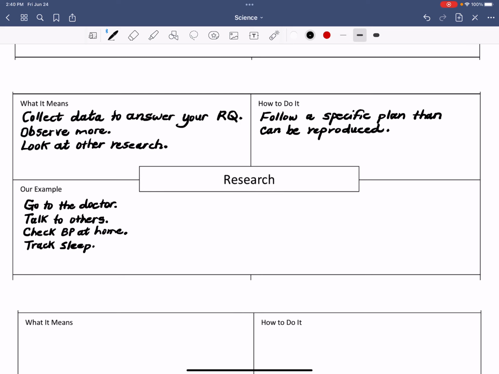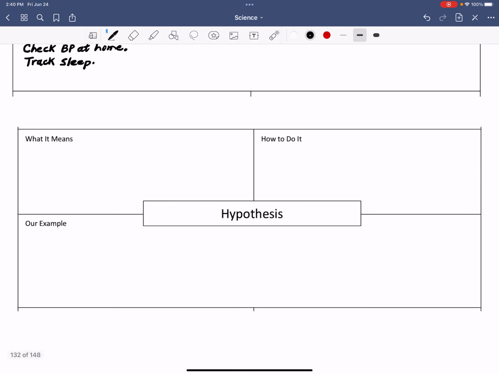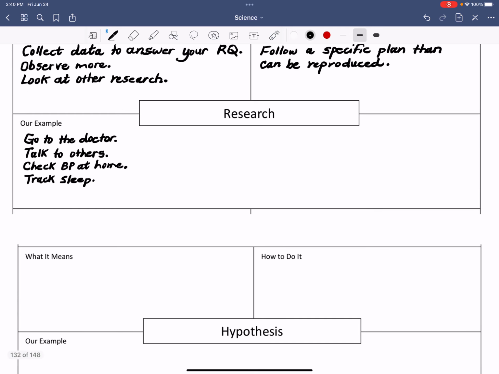But first, well, let's say when he goes to the doctor. We're going to just go ahead and say Sam makes a doctor's appointment.